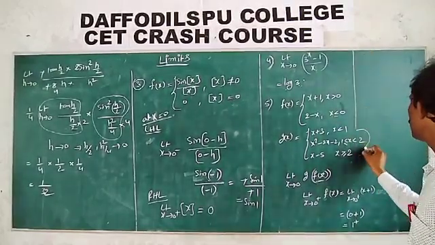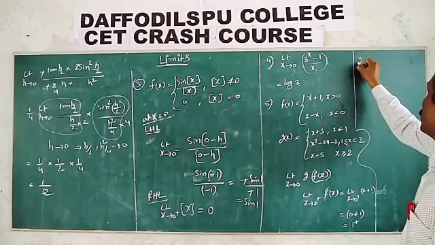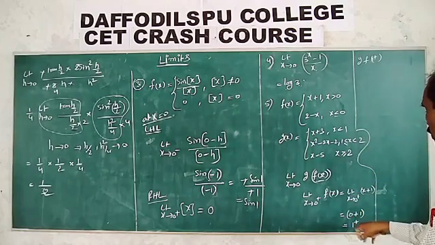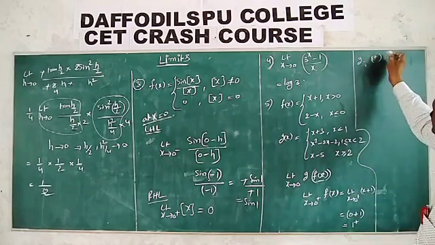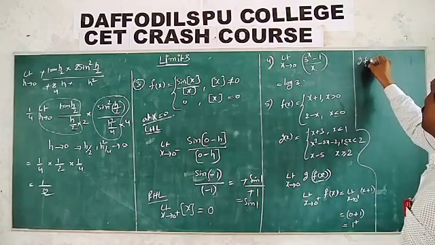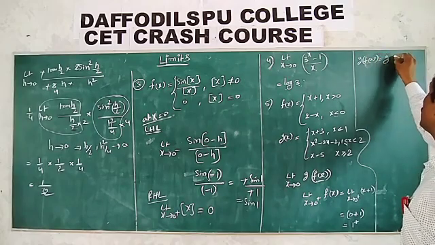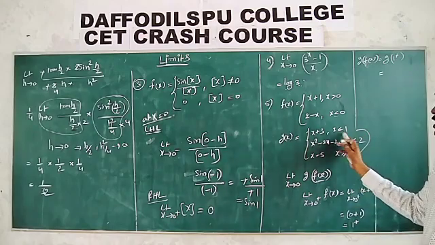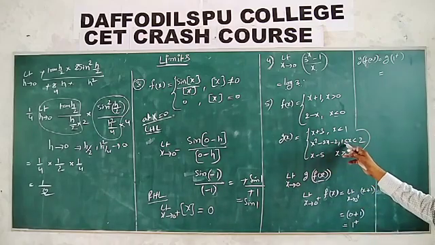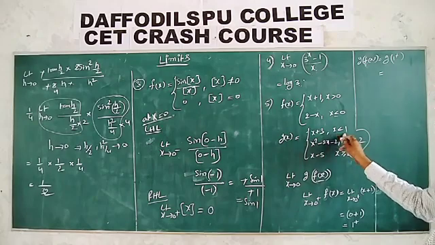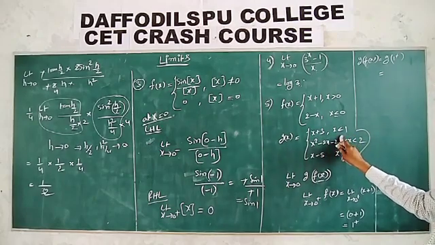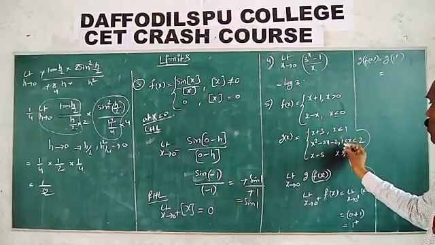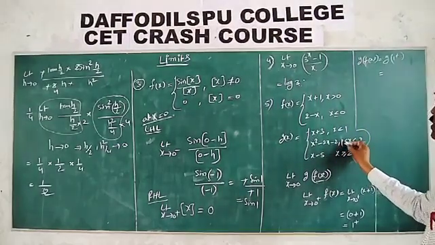Now g of f of x: f of x value is 1 plus, therefore g of f of x is equal to g of 1 plus. What is g of 1 plus? 1 minus means left of 1, so 1 plus is this one.